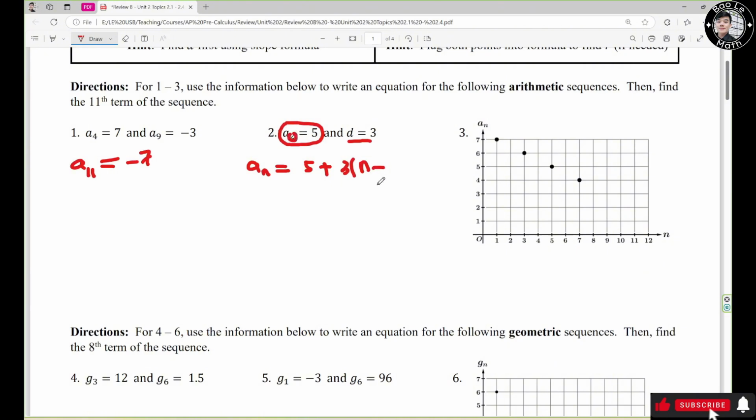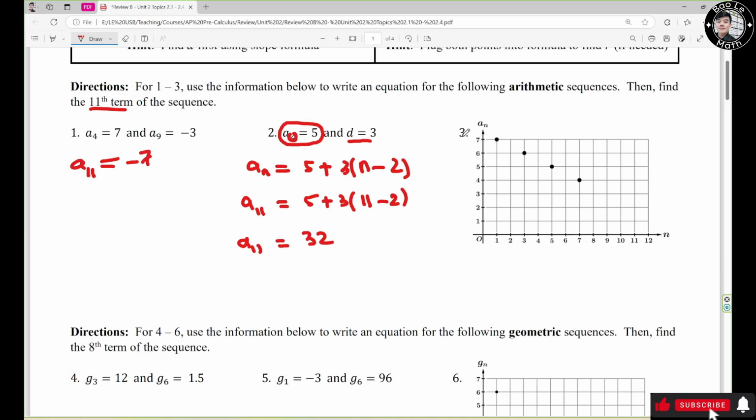Now I need to solve for the 11th term. So a sub 11 equals 5 plus 3 times 11 minus 2. 11 minus 2 is 9. 9 times 3 is 27, plus 5 is 32. So a sub 11 equals 32.